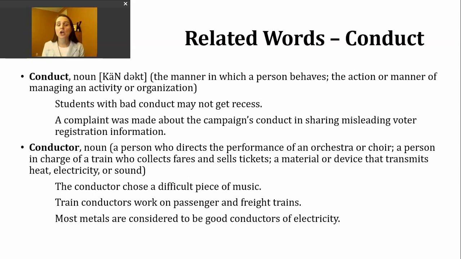Most metals are considered to be good conductors of electricity. So they are really good at transmitting electricity. That's the meaning there. And again, you might hear this noun used in your science course or your science studies in additional ways, having an even stronger, more technical definition than what we've discussed here.